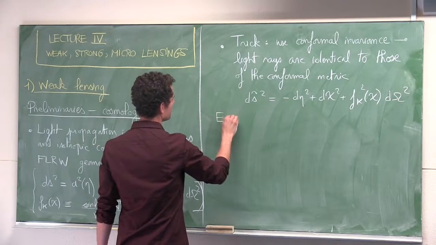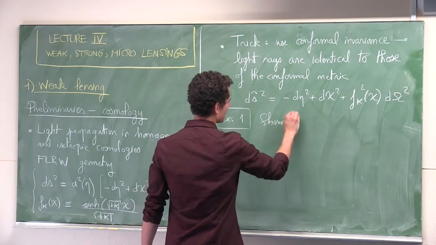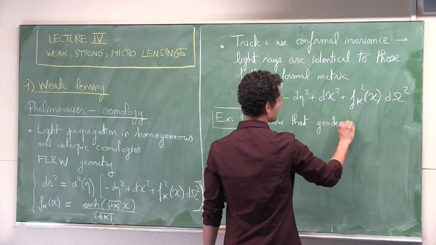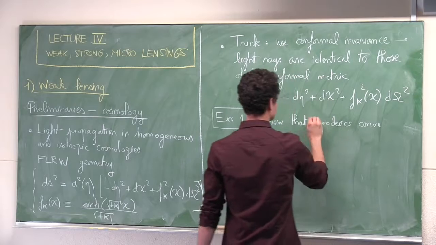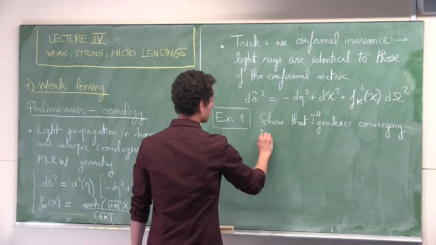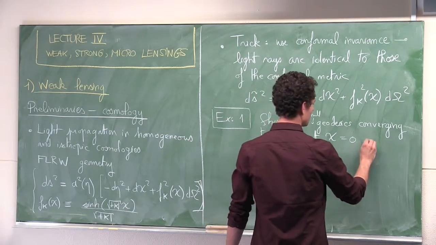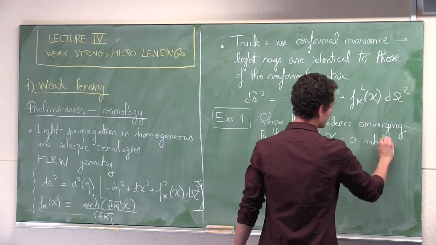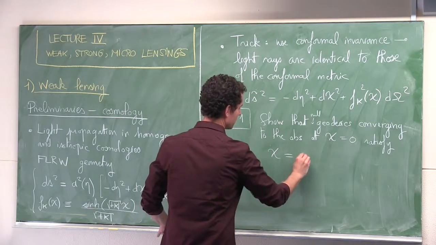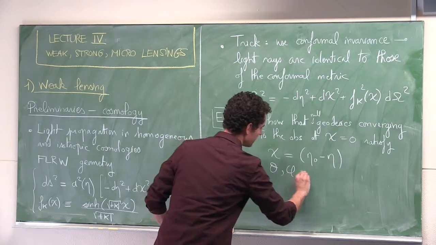And then what you can show, and this could be done as an exercise 1, is to show that null geodesics converging to the observer at chi equals 0 satisfy, first, well, just chi equal eta_0 minus eta, and theta, phi equal constant.